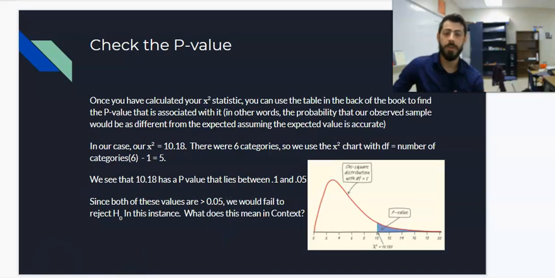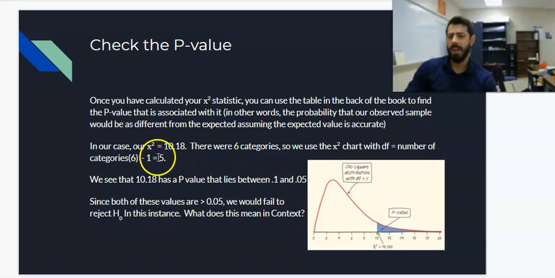So we can then go to a chi-squared table and find 10.18 with 5 degrees of freedom, and that would give us a p-value somewhere between 0.1 and 0.05. So then we compare that to our standard 0.05. A number that is between 0.1 and 0.05, we would expect greater than 0.05. So for this, we would fail to reject the null hypothesis.